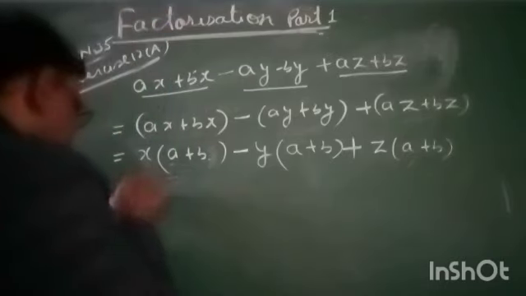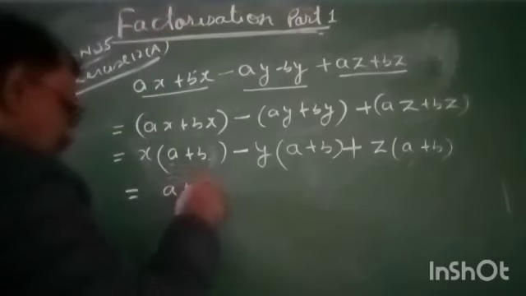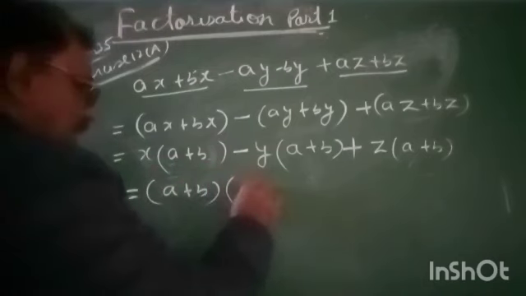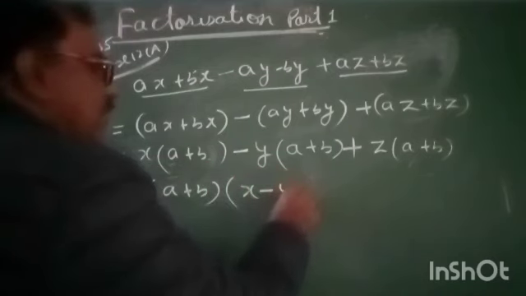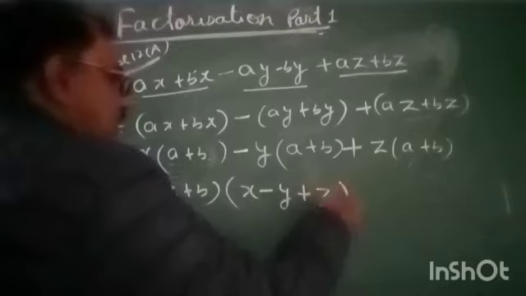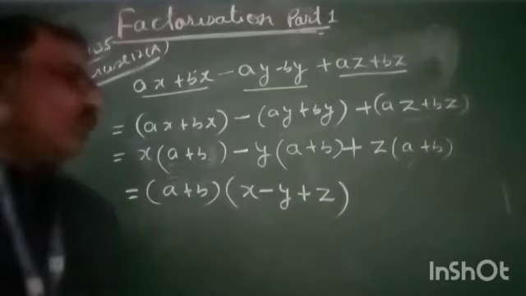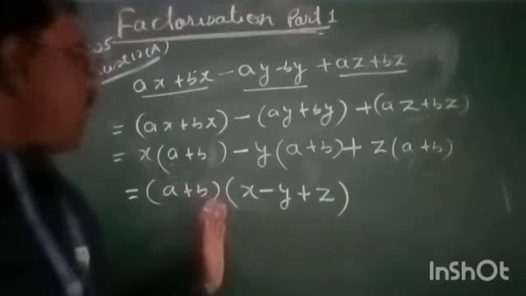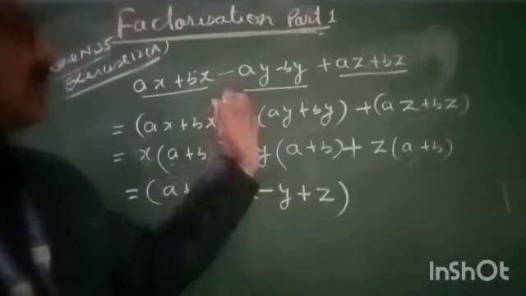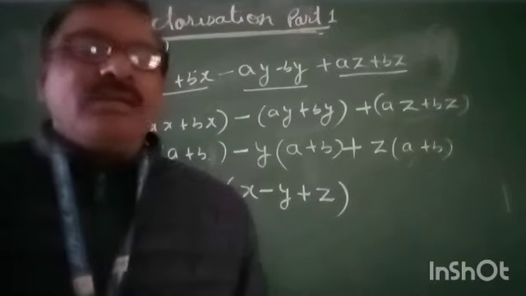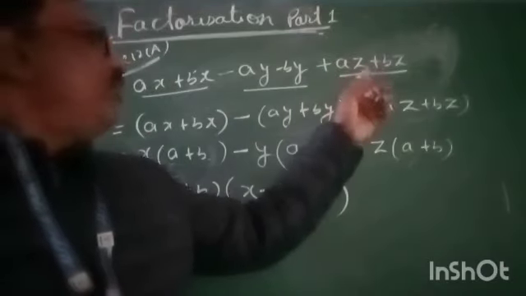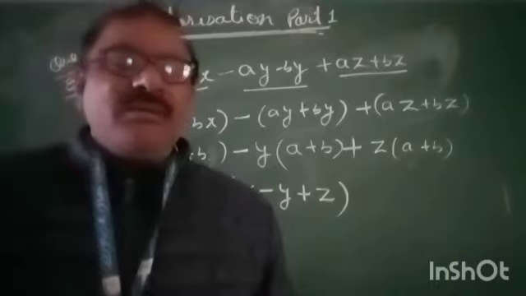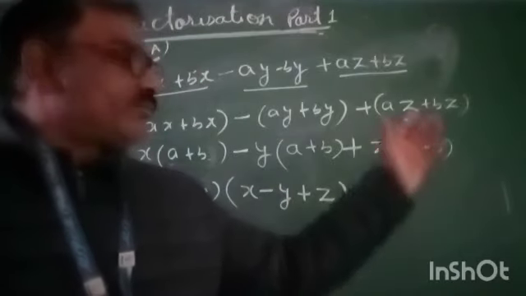So I will take a plus b, and I will write in the bracket x, here minus y, and here plus z. So this is the factorization of ax plus bx minus ay minus by plus az plus bz.